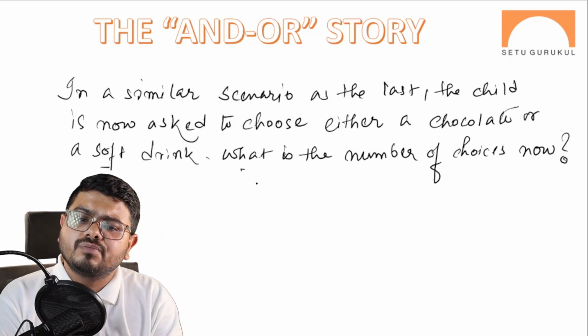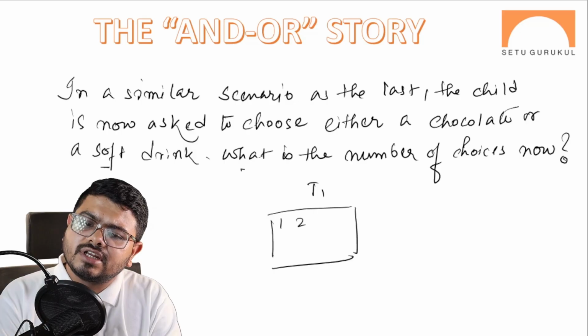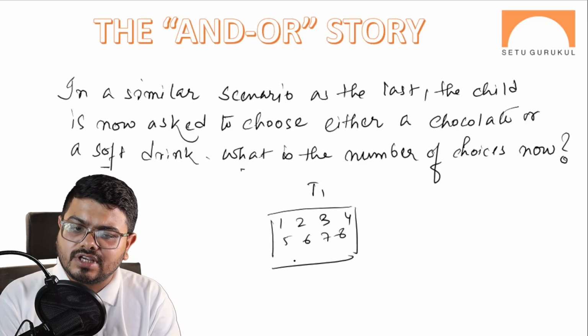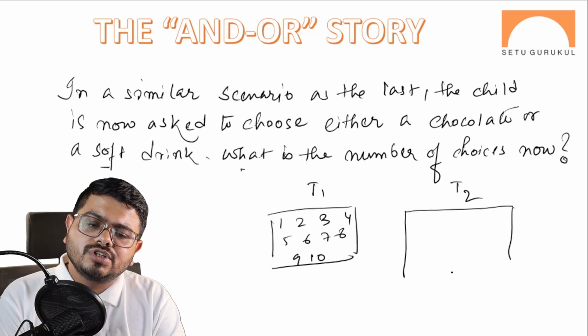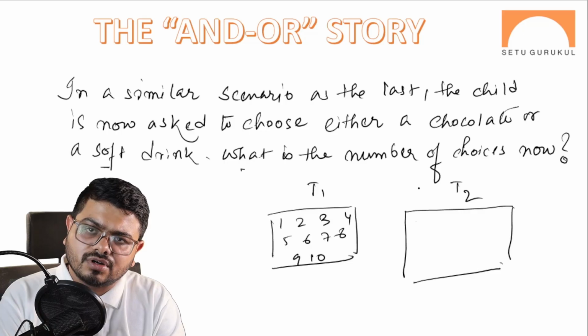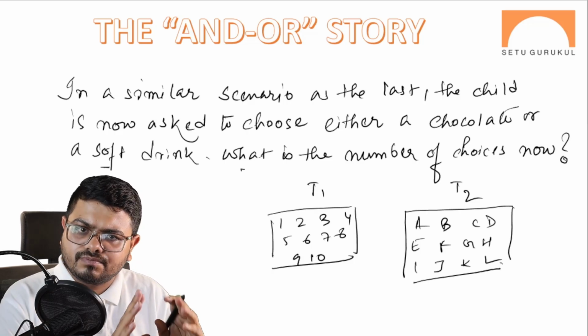What is the number of options? So again, you have table 1, which had all those 10 elements, 1, 2, 3, 4, 5, 6, 7, 8, 9, and 10. And table 2, which is all those 12 soft drinks. So A, B, C, D, E, F, G, H, I, J, K, and L. We're good?